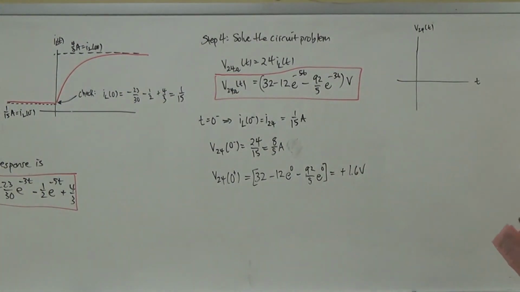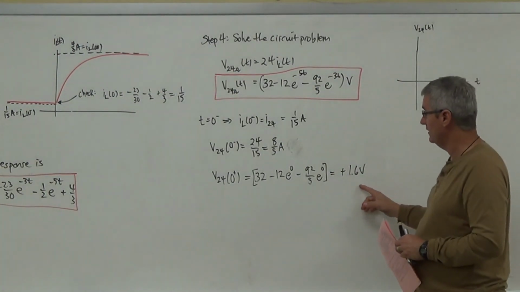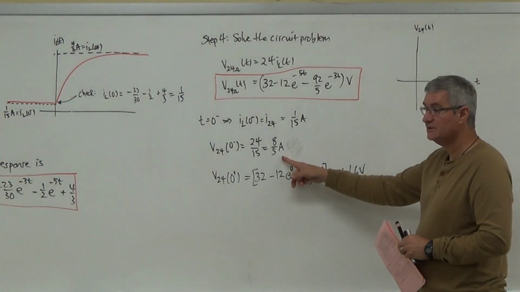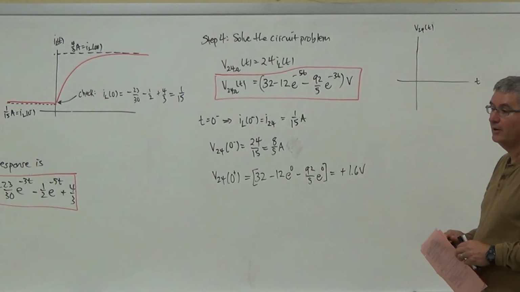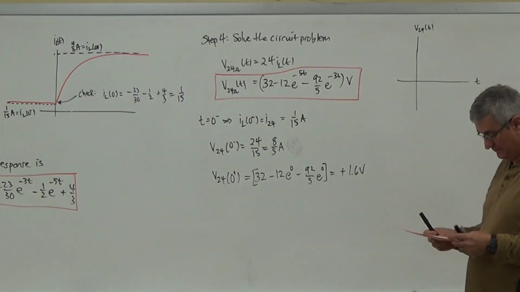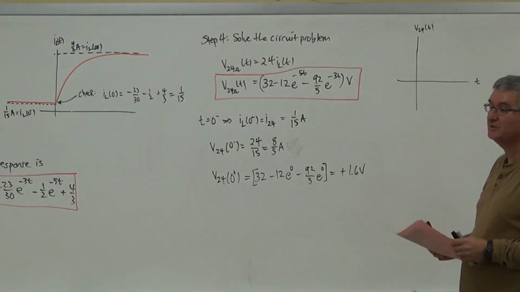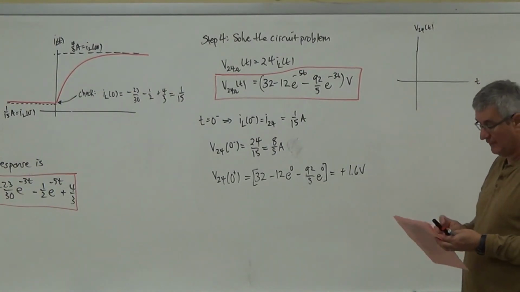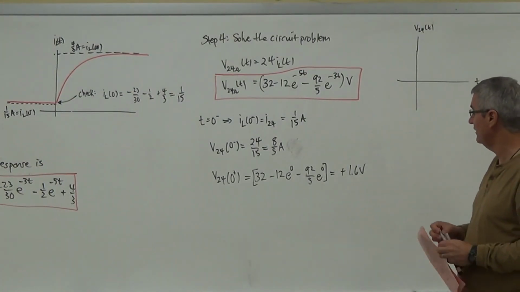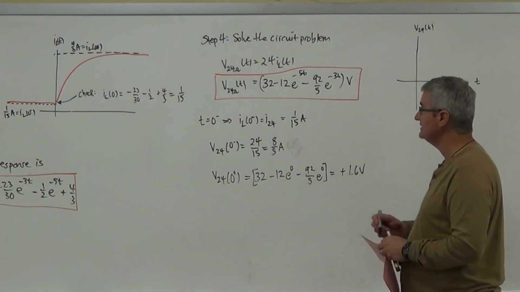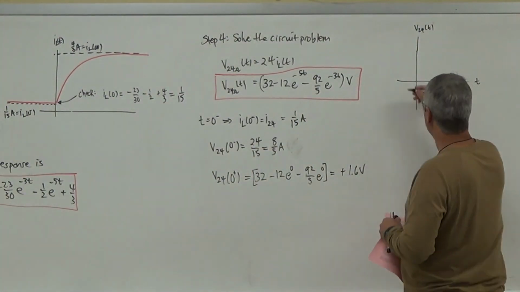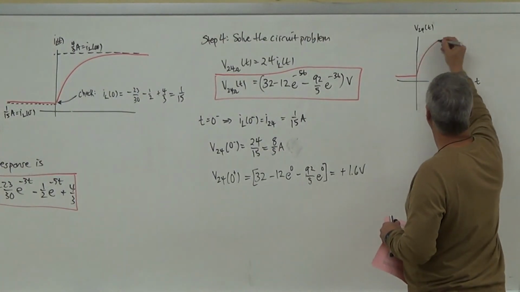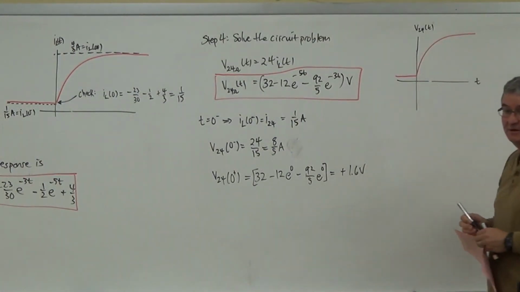So if I look at this guy here, it has to be the same. Why is that the same? Because it's in series with the inductor. And because it's in series with the inductor, I'm going to see this guy behave in a very similar way. So it's got to be coming like this, and then that voltage has to be going up like that.